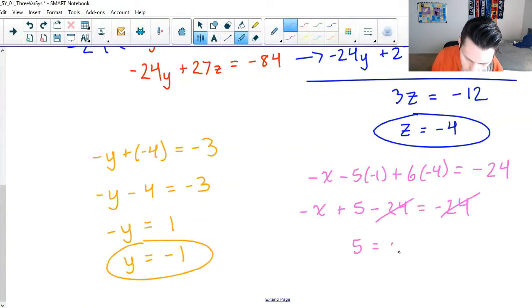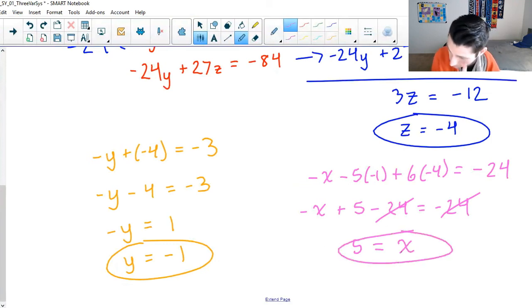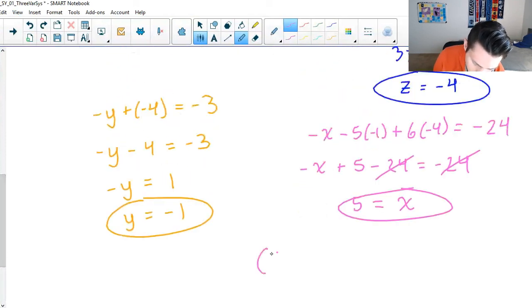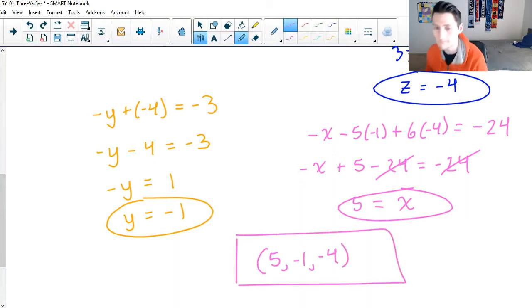Add x to both sides. So x equals 5. And then to put that all together into one concise final answer, I'll write it x comma y comma z. So 5, negative 1, negative 4. If you're doing this on a PFA, don't put any spaces.